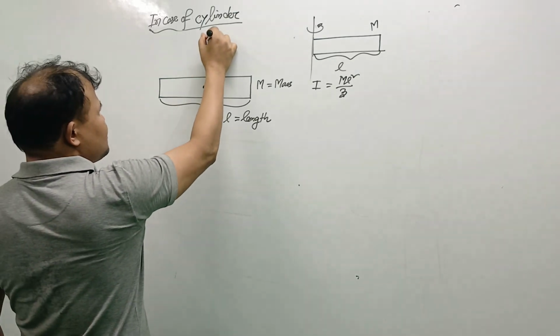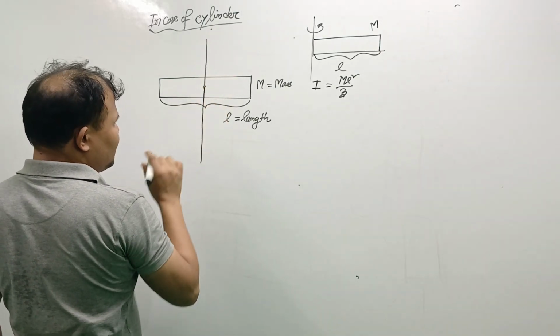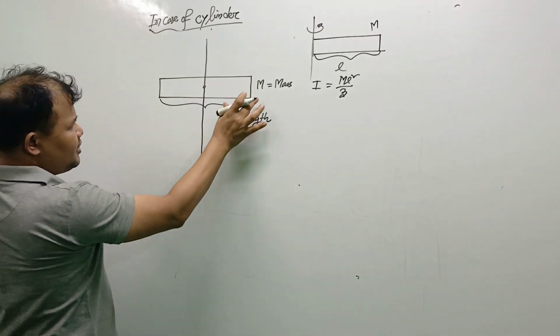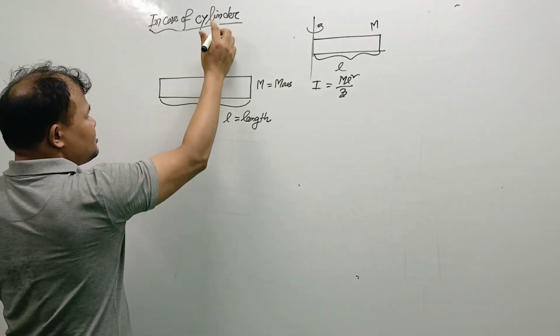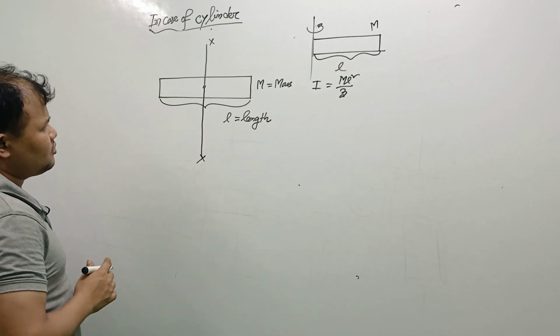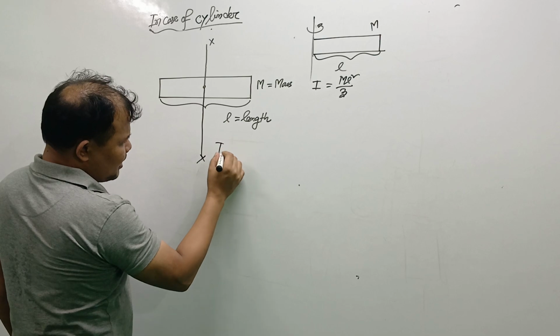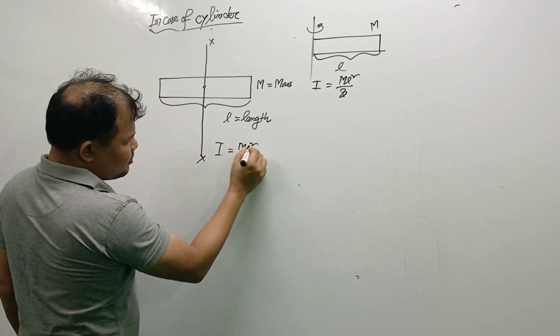Suppose this is a rotational axis passing through the center of gravity and perpendicular to the length. That means this rotational axis divides the uniform rod into two equal parts. So we can write the moment of inertia I equals mL² divided by 12.